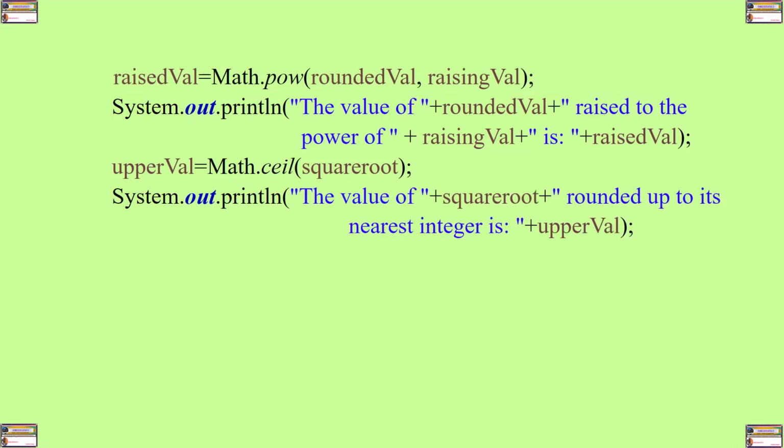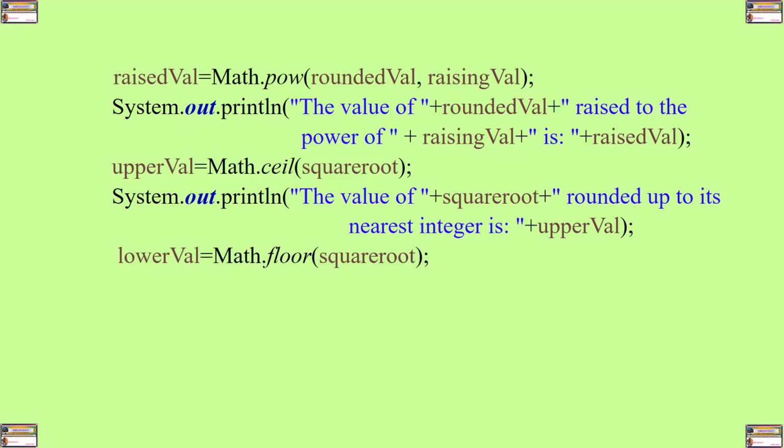And therefore, we can display the content in the memory location called upperVal and the content in the squareRoot variable. For example, the value of 2.0 rounded up to its nearest integer is 2.0, the answer that has been rounded will be displayed.